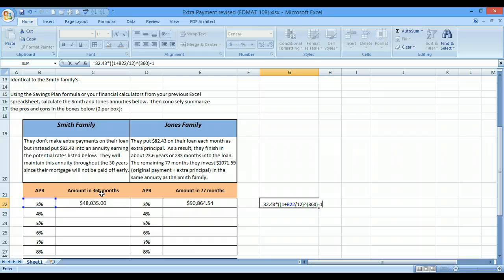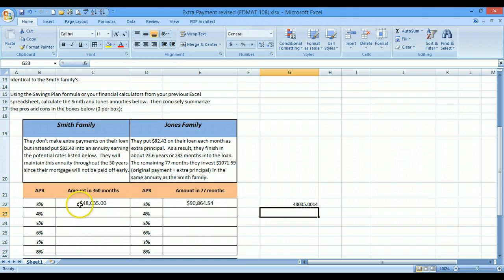subtract 1, and close your parenthesis because we're using Excel, divided by, again, reference the APR, divide by 12, close parenthesis and press enter, and these two should match because Microsoft Excel and the payment formula should match like we did in the annuity template. Same thing with the Jones family.